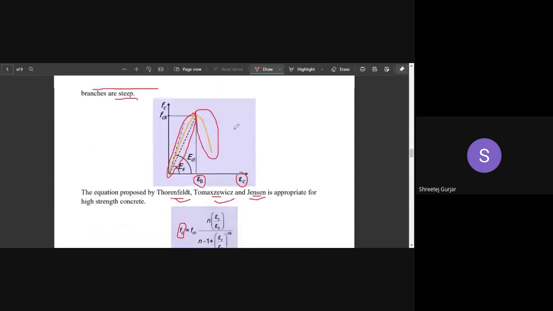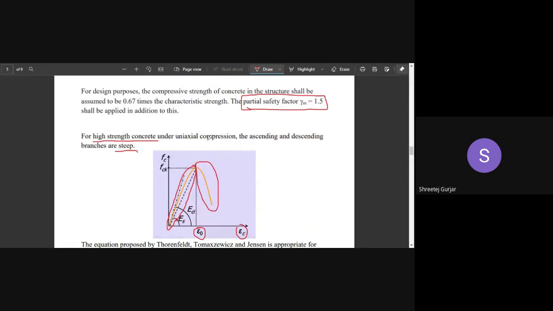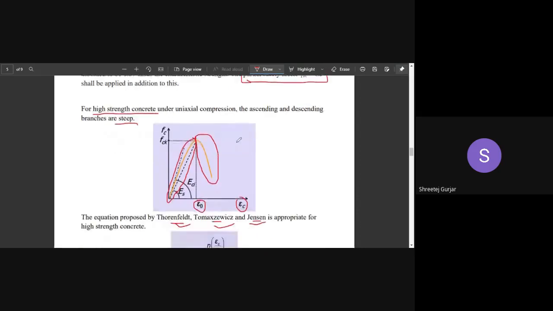This formula is given by these three scientists, remember. This is regarding your high strength concrete, your stress strain curve in uniaxial compression. This is very important regarding your exam, right?